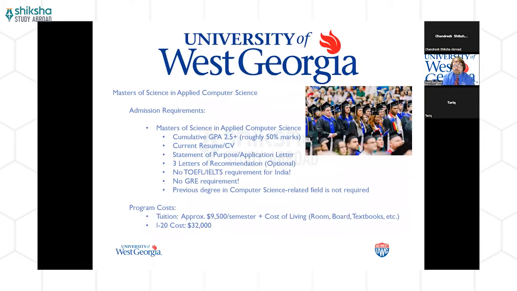For the program, we are looking at the typical admission requirements here. For our Master of Science in Applied Computer Science, we're looking for roughly a 2.5 out of a 4.0 GPA. That is roughly a 50% CGPA from Indian institutions. So as long as you're a second class or first class graduate, you should be fine.